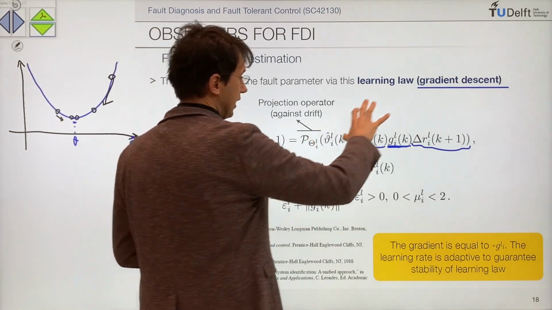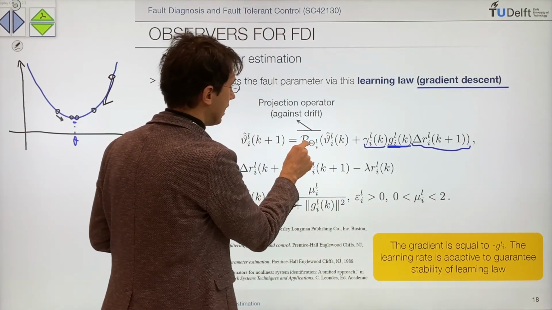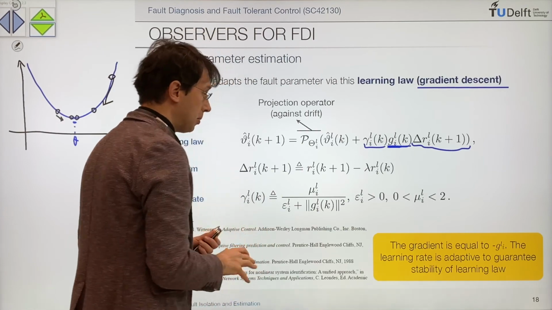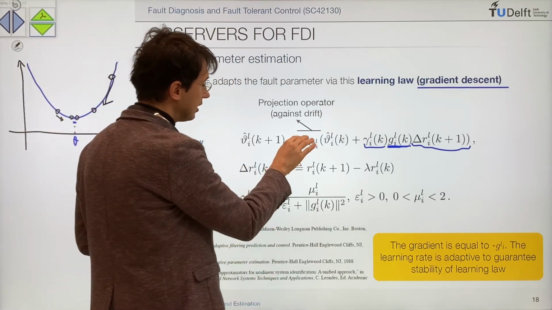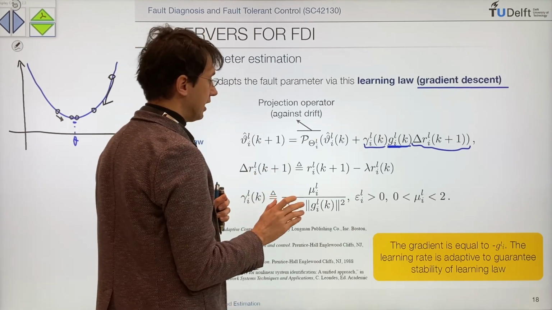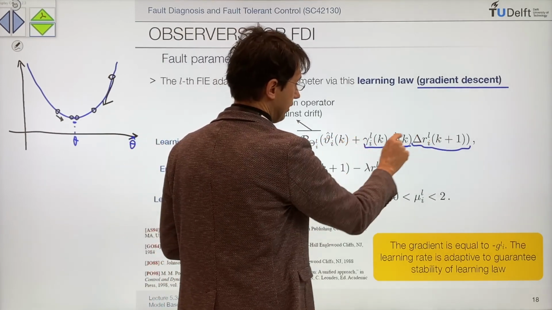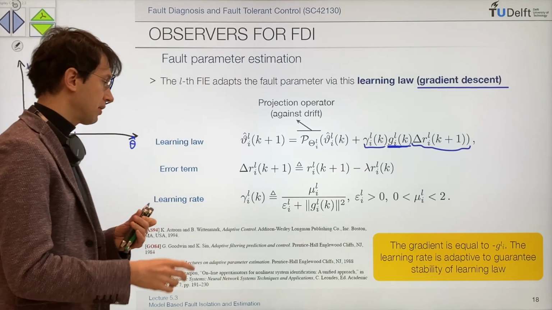And all of that is enclosed and is the argument of this thing that is called a projection operator. But for a moment, forget about the projection operator. It is just telling us new estimate, old estimate, plus the step down the gradient. So this is the main picture.